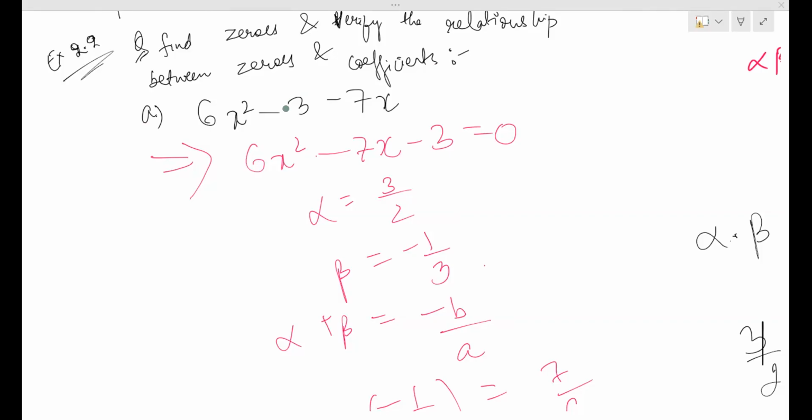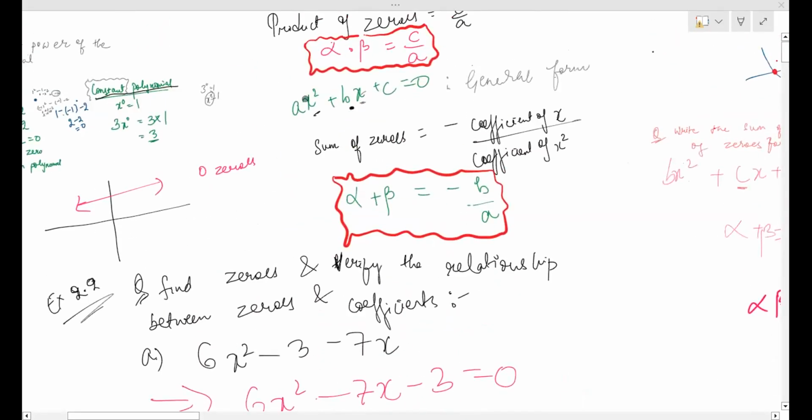They haven't mentioned the constant term at the end. They have written the middle term last. So firstly, we're going to write it properly: 6x square minus 7x minus 3, right? How do we know that 7 is the middle term? Because this is the general form I told you in the last class already: ax square plus bx plus c. That's how we write it. The x term comes in the middle, right?